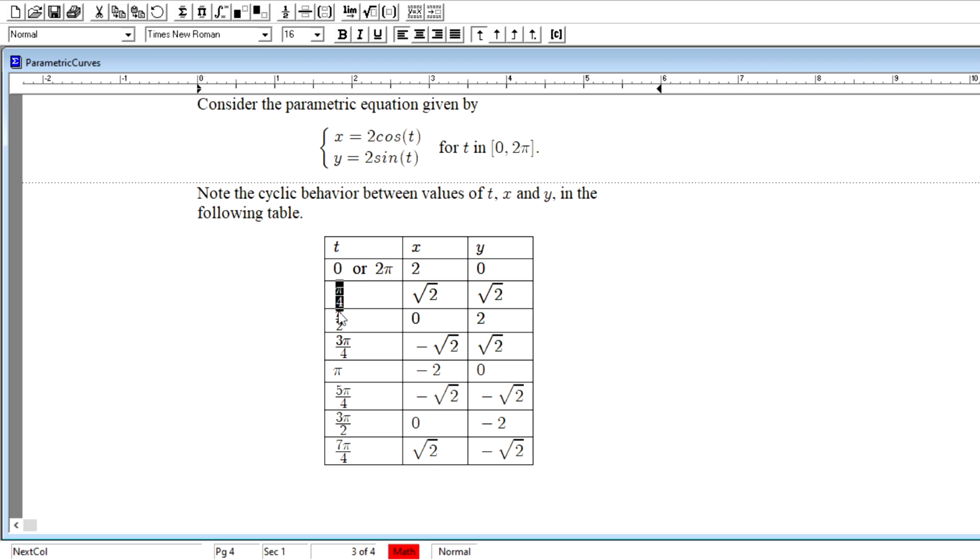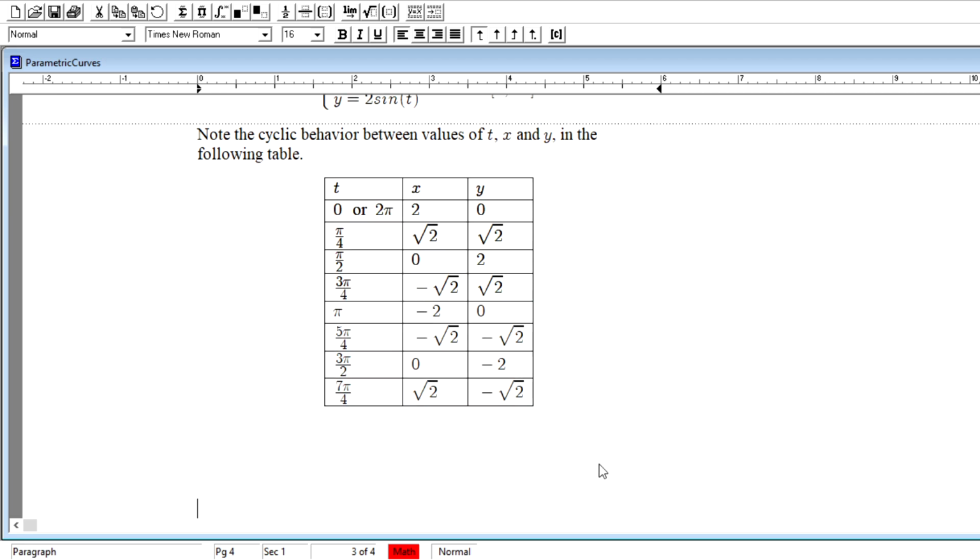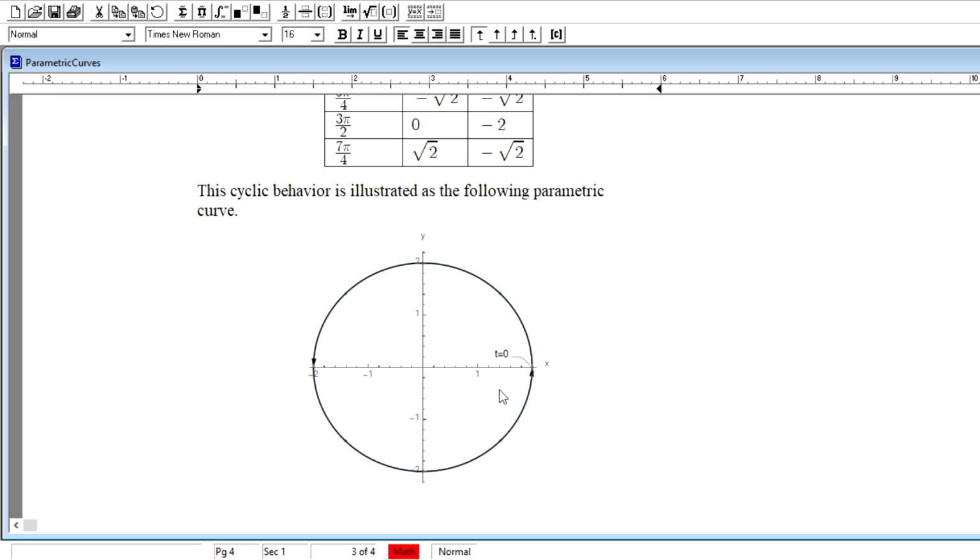For different values of t from 0 all the way up to 2 pi, the values of x and y will cycle through the noted values seen here in the table, which would also be illustrated with that cyclic behavior seen in our graph. The cyclic behavior illustrated in the graph would resemble this.